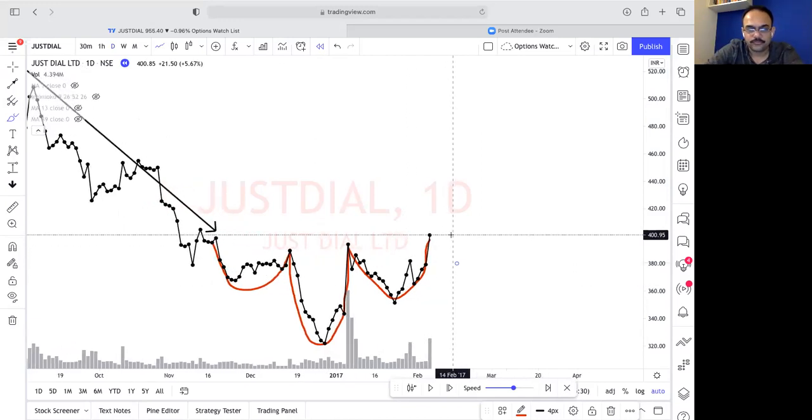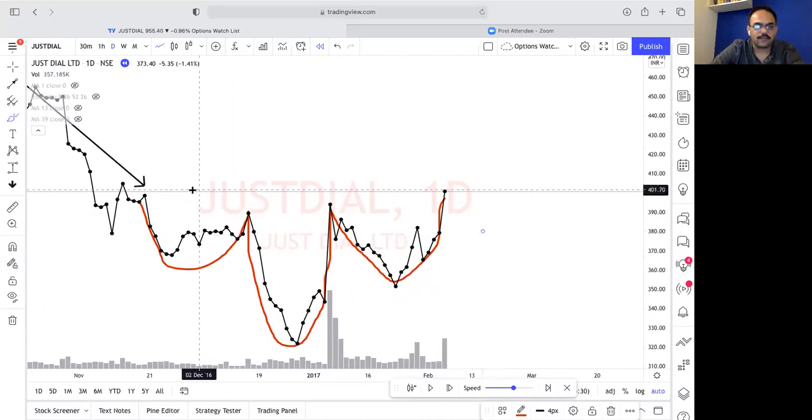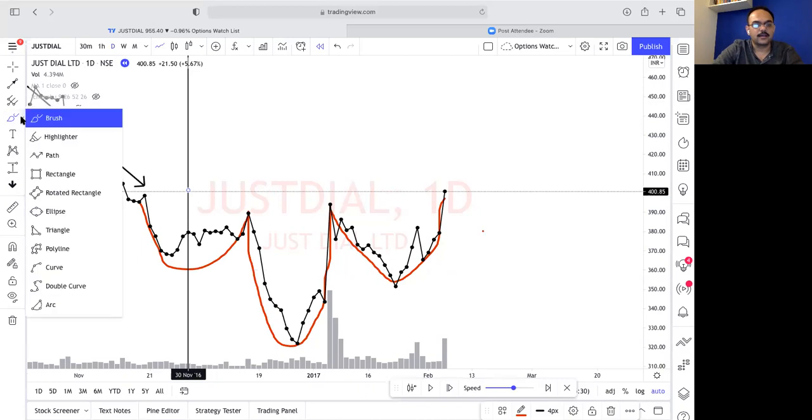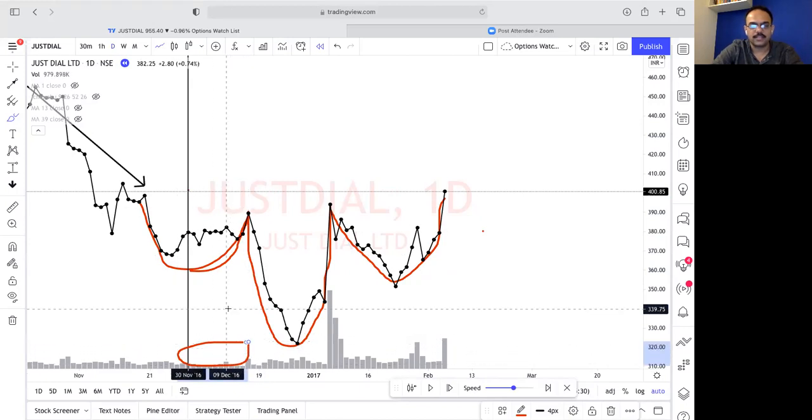Now, very good, Sumit. So see the volume difference. Now, if I divide it into three parts, when it is going from here to here, this is going up, and you can see the volumes here are lower. How many can see that when it is going up, the volumes are lower?